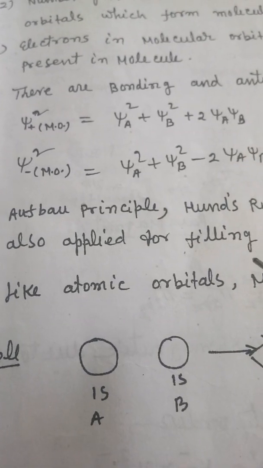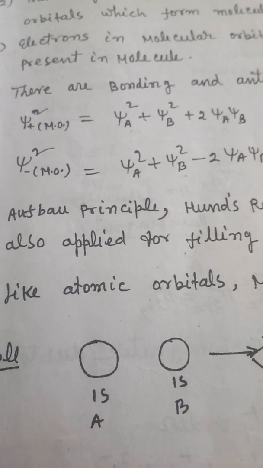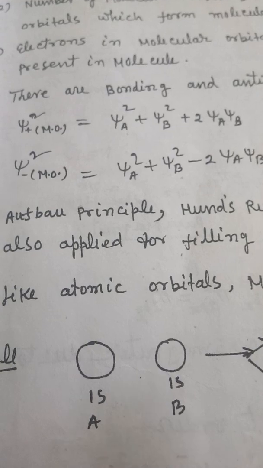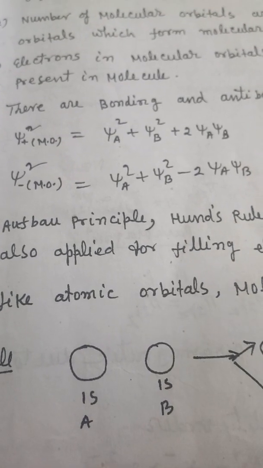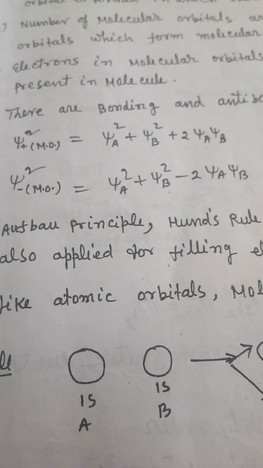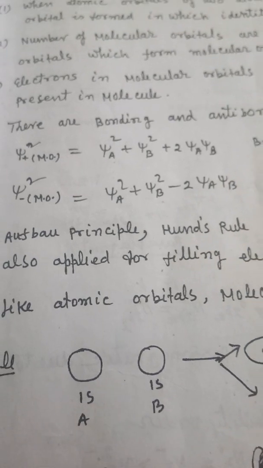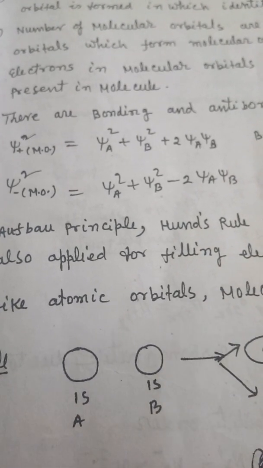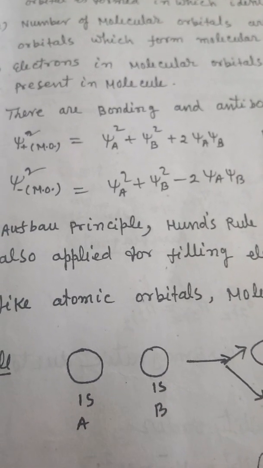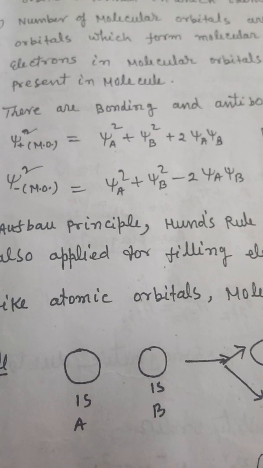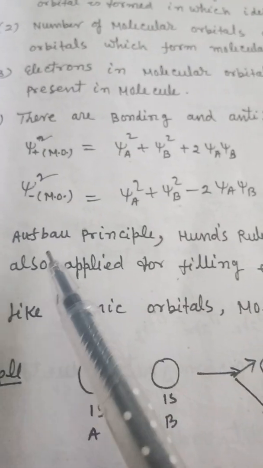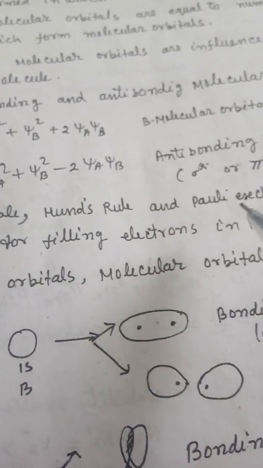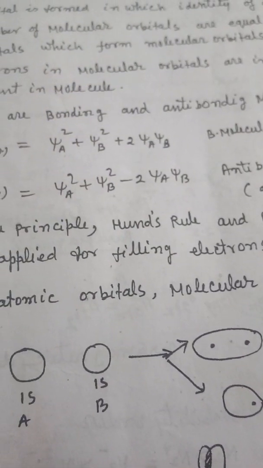Now another question arises: how are electrons distributed in different molecular orbitals? As in the case of atomic orbitals, electronic distribution depends upon certain rules like the Aufbau principle, Hund's rule and the Pauli exclusion principle.